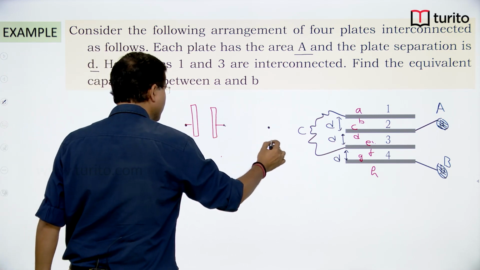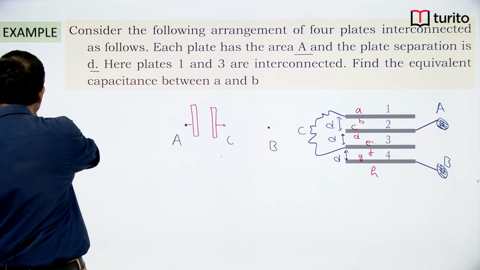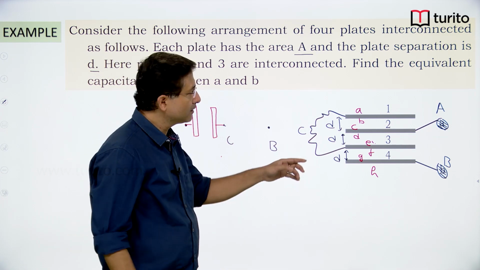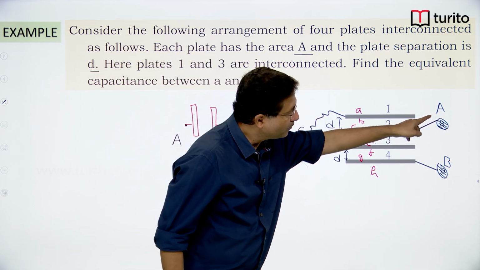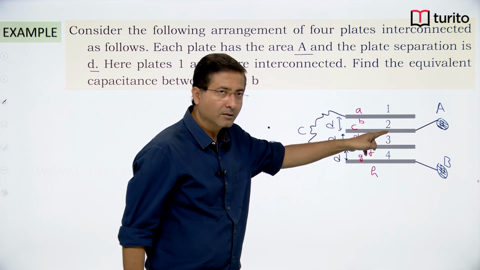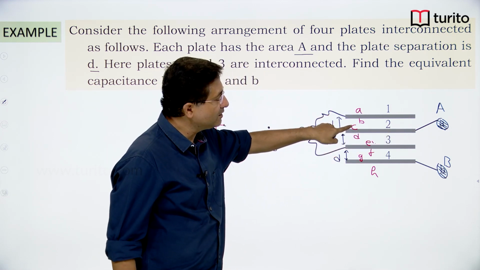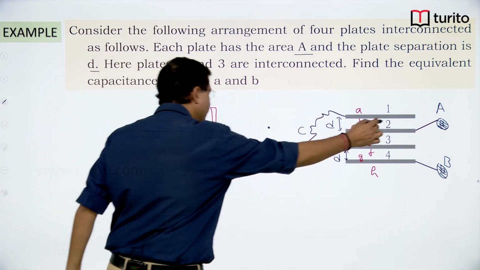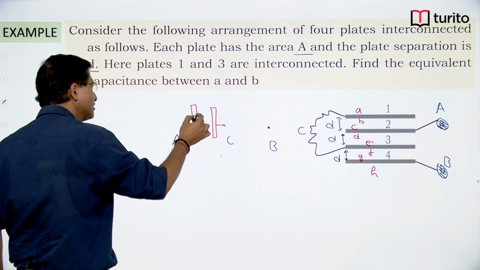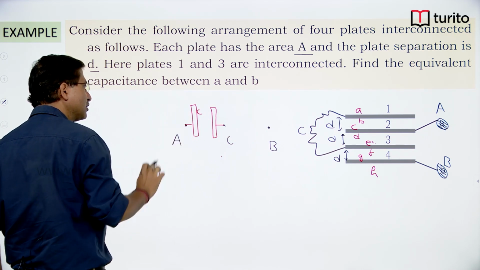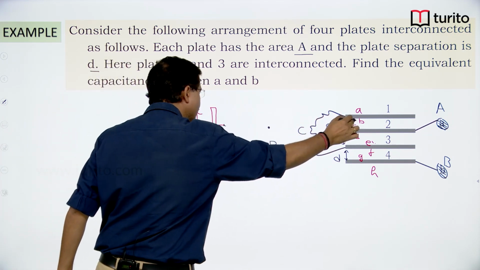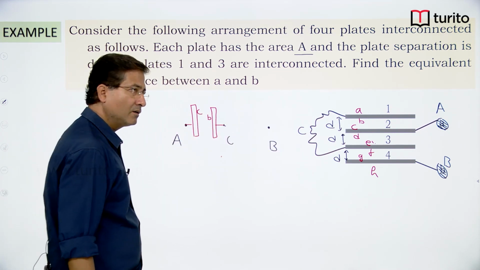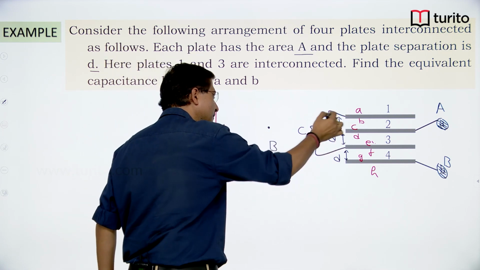Now look at what I was telling: the plate which is connected to A, its top surface, which is c, is facing b. This is the c surface of A's plate, facing the b surface of the plate which is connected to C, right.